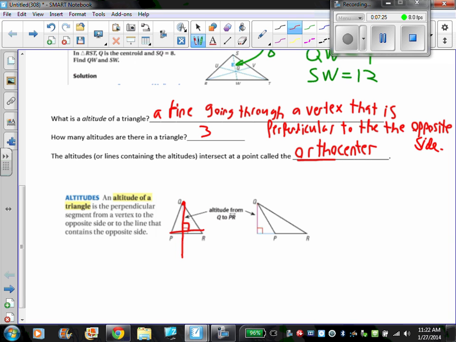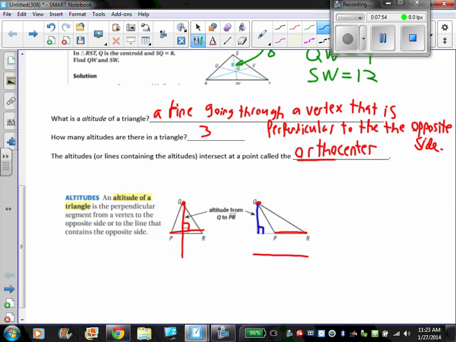There it is. The second example over here is a little bit different. Here's PR, and here's point Q. If the altitude were inside the triangle, we wouldn't be able to make a perpendicular line. So this is going to look kind of strange, but the altitude from Q to PR this time is actually this blue line right here, going straight down outside of the triangle.